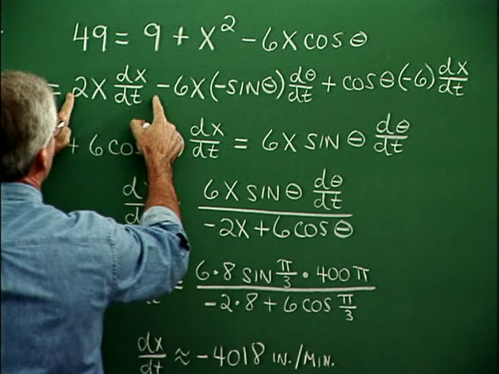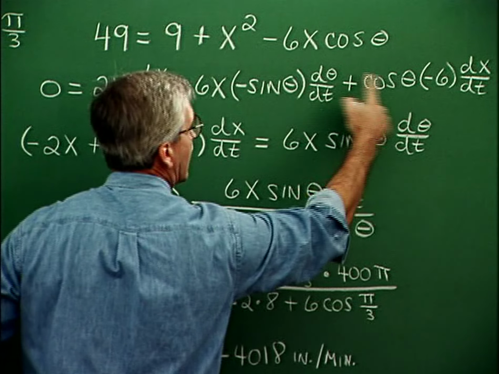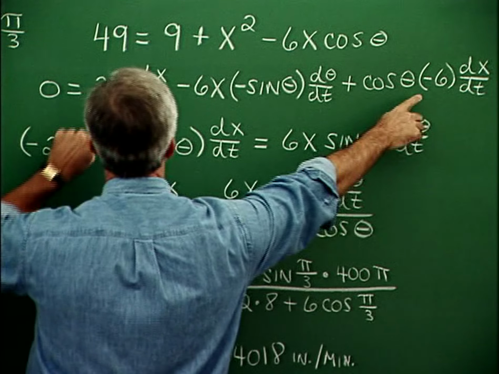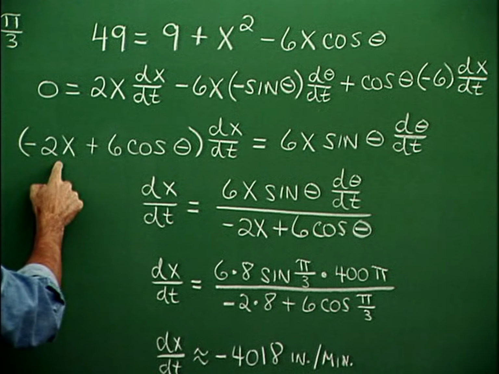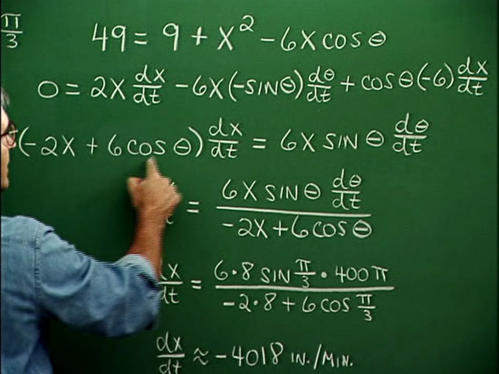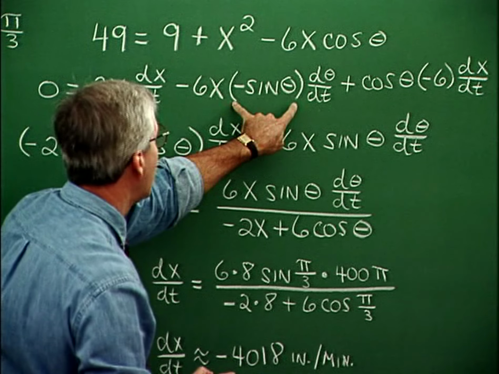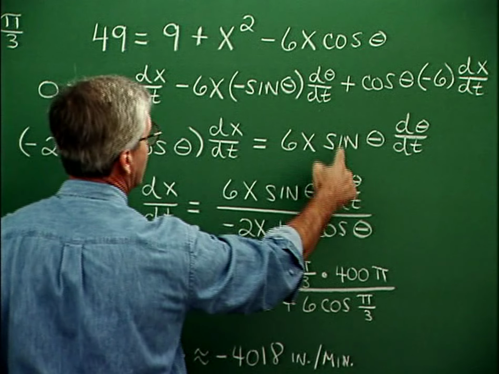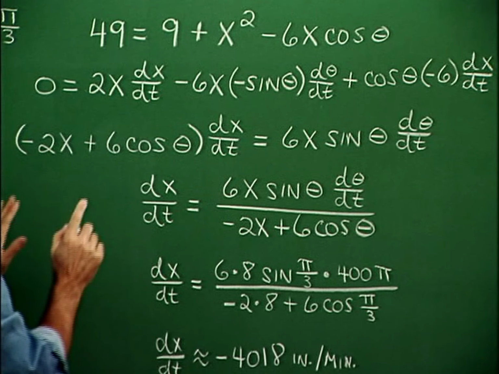I've taken this term and thrown it to the left side as well. This is minus 6 cosine theta dx/dt, and since dx/dt appears in both of these, it's easily factorable. So we have minus 2x plus 6 cosine theta, times dx/dt. And on the right, cleaned up, minus times minus is plus, this is 6x sine theta d theta/dt.